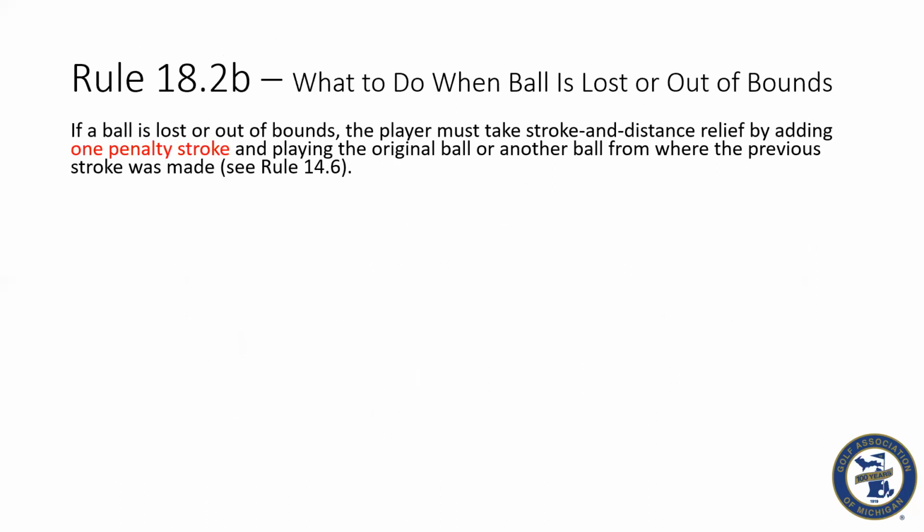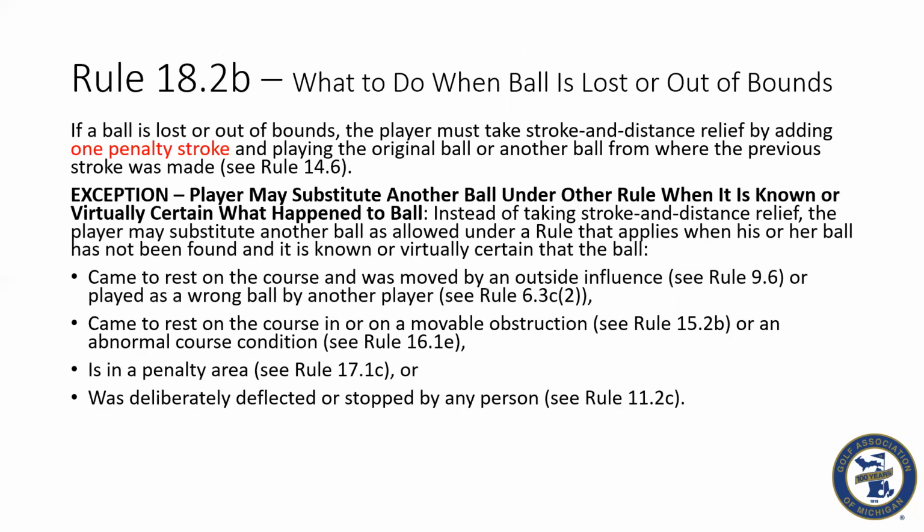Here again, we all know this. Stroke and distance is a one stroke penalty. However, a player can substitute another ball under another rule when it is known or virtually certain what happened to that ball.